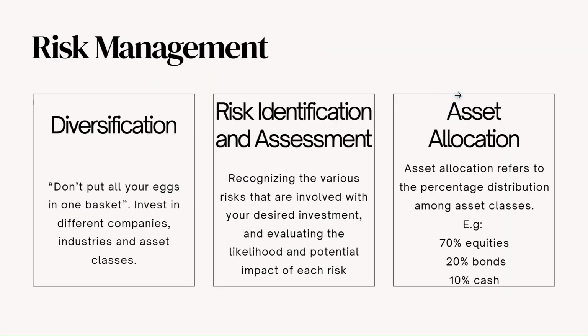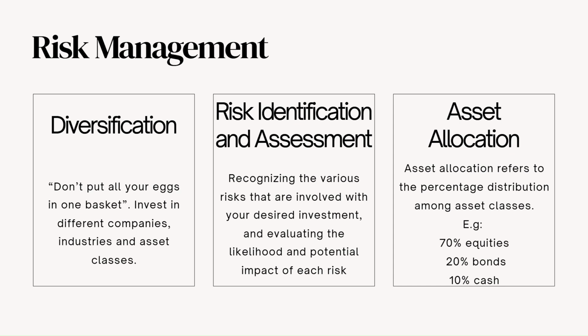So here I've compiled three ways to manage your risk. The first being diversification. Like every investor says, don't put all your eggs in one basket. It is important to invest in different companies, different industries, and different asset classes.